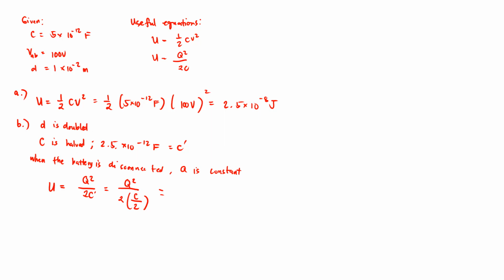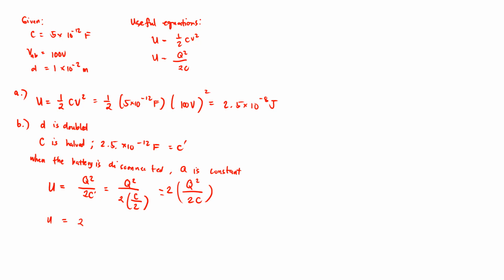So you have Q squared over 2C multiplied by 2. Therefore, the potential energy is doubled. So when D is doubled, your C is halved, and when the battery is disconnected, Q is constant. Therefore, your U will be doubled.